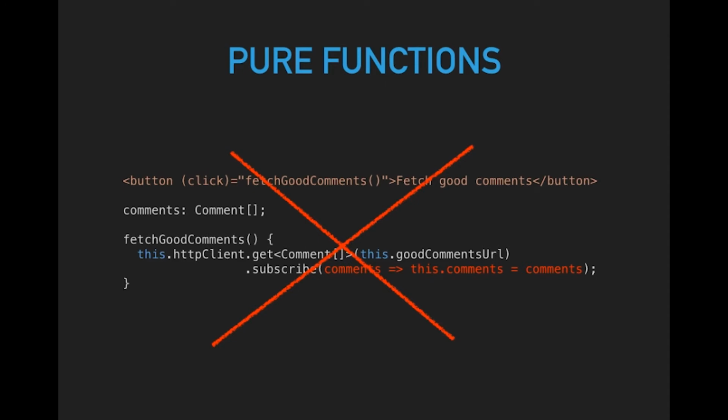So the concept I demonstrated in this example is called pure functions. Because the problem with the first approach was that we had impure functions in our code. We had functions that had side effects. They manipulated something that wasn't owned by them.